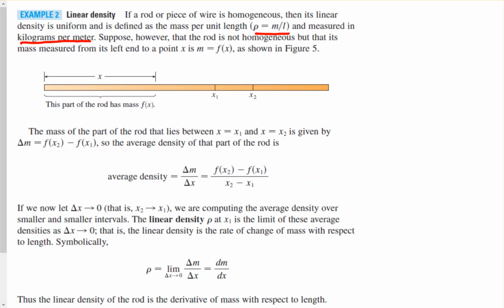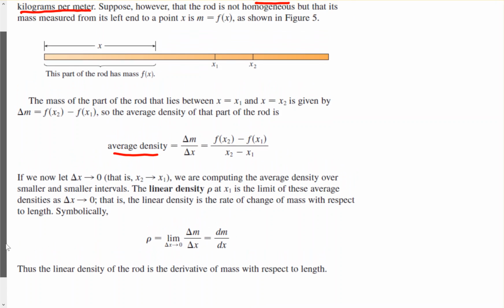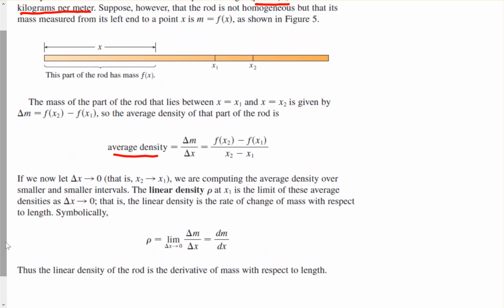And to get our linear density, we would take delta m divided by delta x. We take the derivative of mass with respect to x, and that would give us our linear density. Derivative of mass with respect to length.